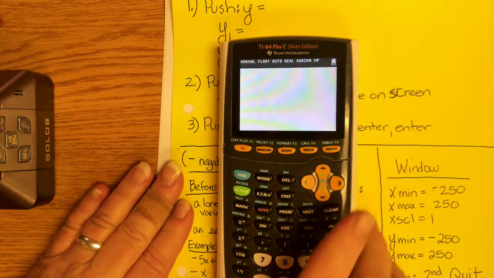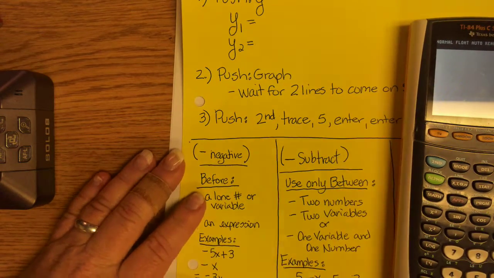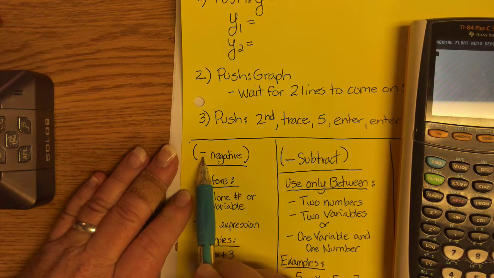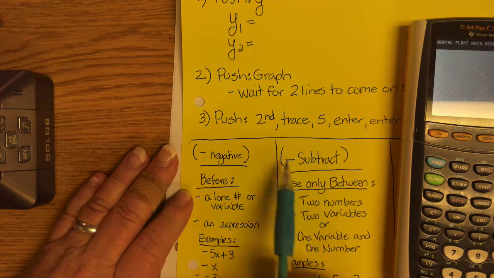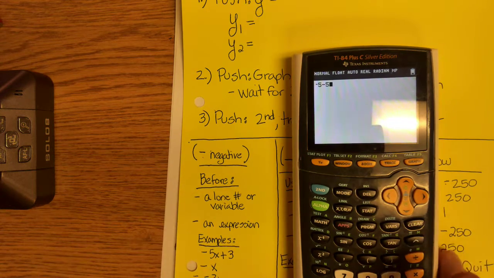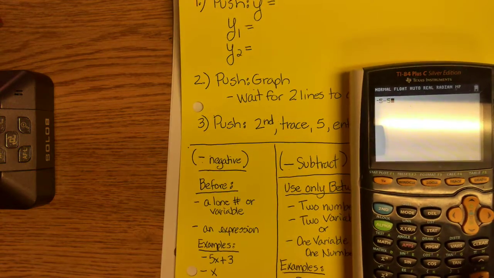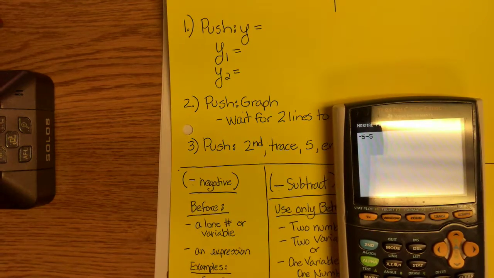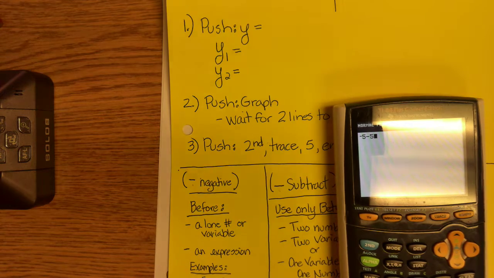The other couple of things you need to know is, when do you use a negative sign, which is smaller, or a subtract? And I will show you very close up front. If you look at your calculator, and I'm going to zoom in on mine, okay, do you notice that the negative sign is shorter and up higher?